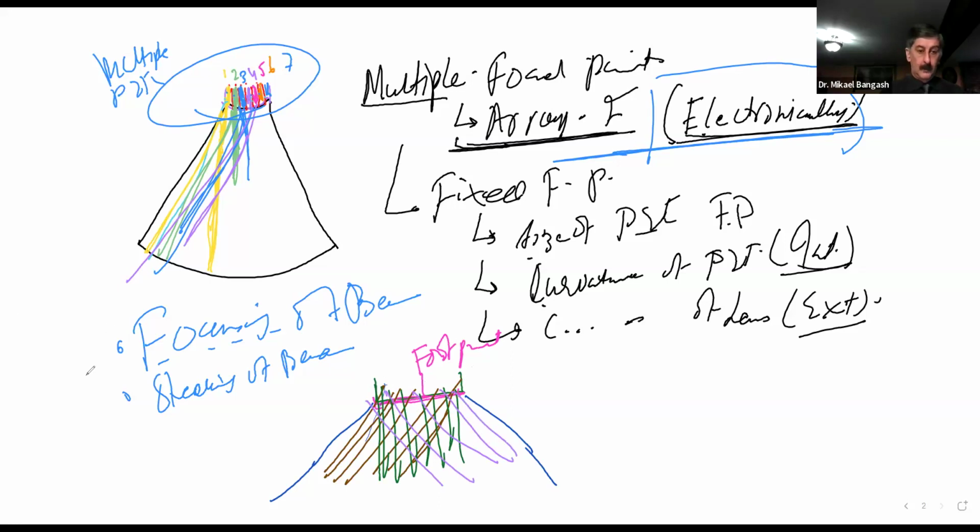So both of these processes are going to happen electronically: the steering of the beam and the focusing.